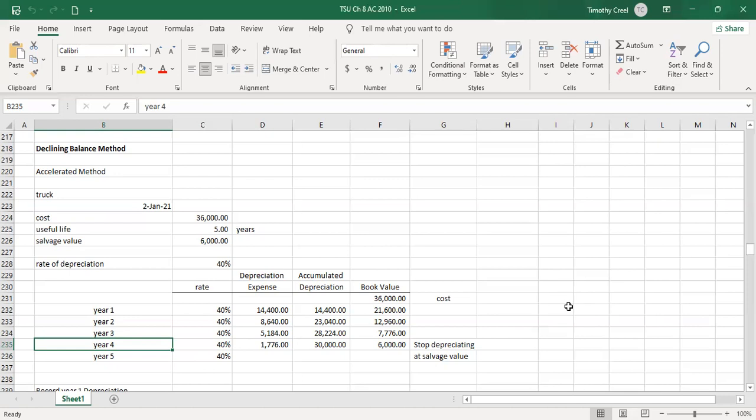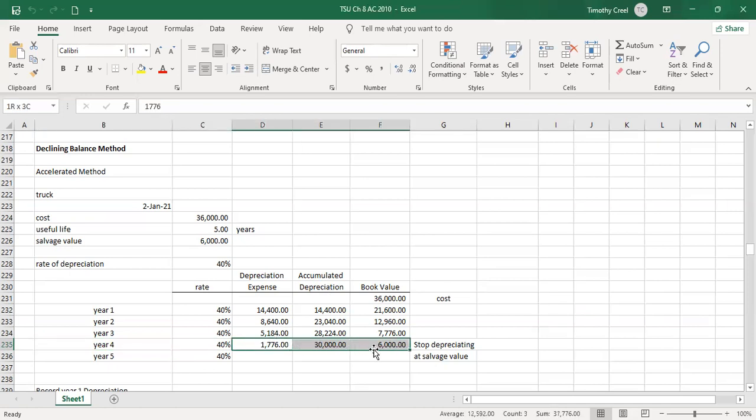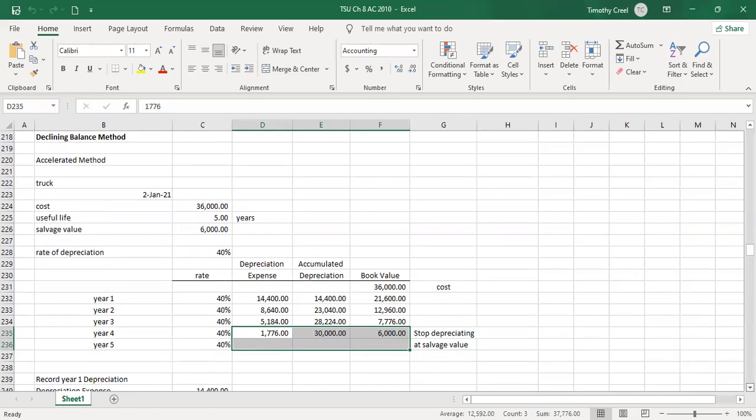Because of that, some companies, like at the very end, like in this case, year 4, they've only got a really small balance left to go. They'll switch over to straight line, use that for the last couple of years. The only reason being that the depreciation would match up with the useful life of the asset. So sometimes you will see that.